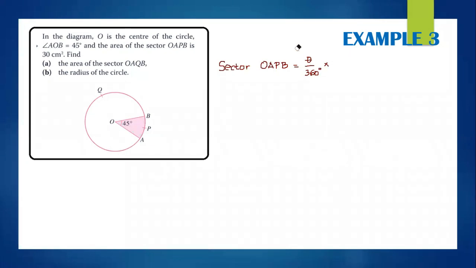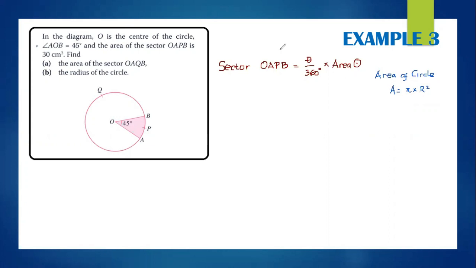Sector is theta over 360 degrees times area of circle. Okay. Now we're going to find the area of circle. The area of circle is pi times r squared, where r is the radius.